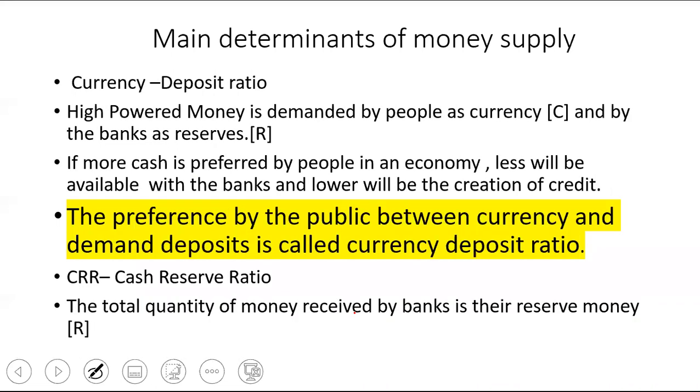What is currency deposit ratio, children? Currency deposit ratio means, we have already told you, it is the preference of the public. Public means yourself and myself. It is the preference of the public between currency and the demand deposit. Whether people prefer cash or people prefer demand deposit.